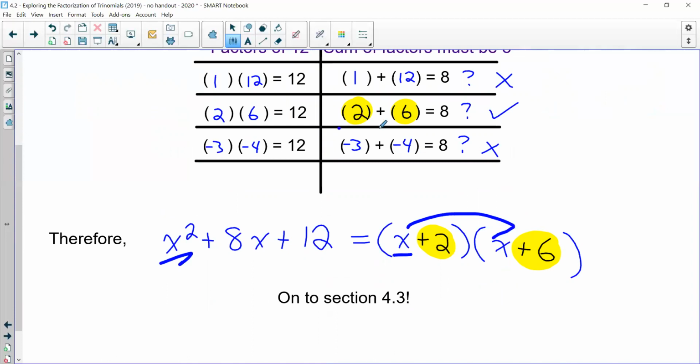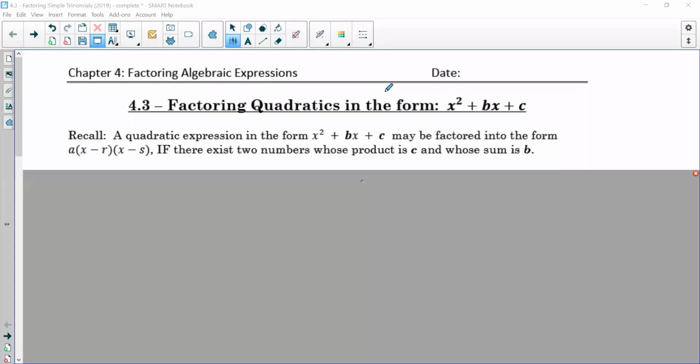And then because of this technique up at the top, the 2 and the 6 are going to be our values that we're looking for inside the brackets. So this is referred to as factoring a trinomial when the a value or the lead coefficient is 1. So this trick will work all the time. There are other techniques that we're going to take a look at, and you can look online for other techniques, but this is one of the most simplistic ways of factoring this type.